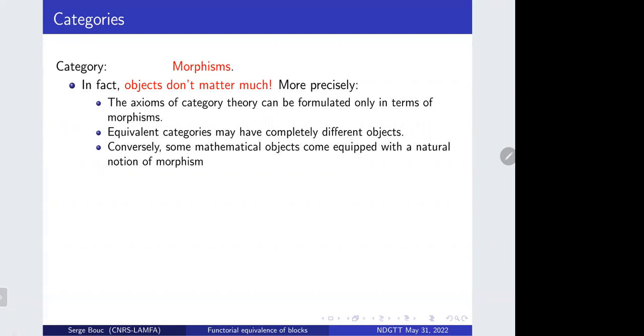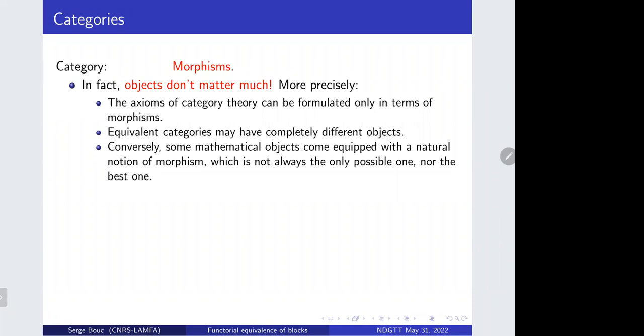there are some mathematical notions that may appear equipped with a natural notion of morphisms. For example, groups would be equipped with group homomorphisms as morphisms. But this notion is not always the only possible one, nor the best one.